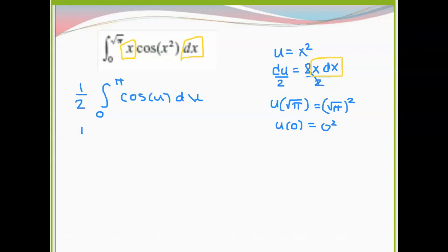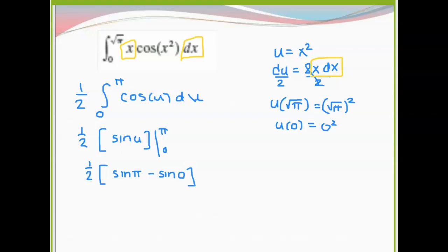So we get 1/2. The antiderivative of cosine u is sine u. Good. And then my bounds are 0 to pi. So you get 1/2 on the outside, and you get sine pi minus sine 0.